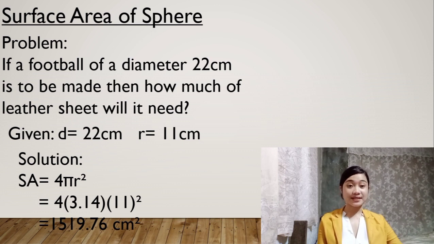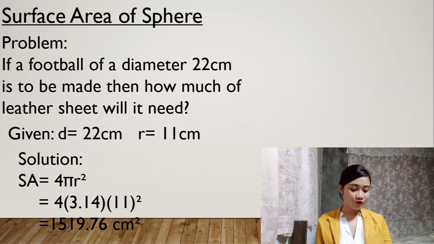Alright, so substitute for pi. Pi is 3.14, and then radius squared, so 11 squared. So we are going to use the calculator. 4 times pi, which is 3.14.